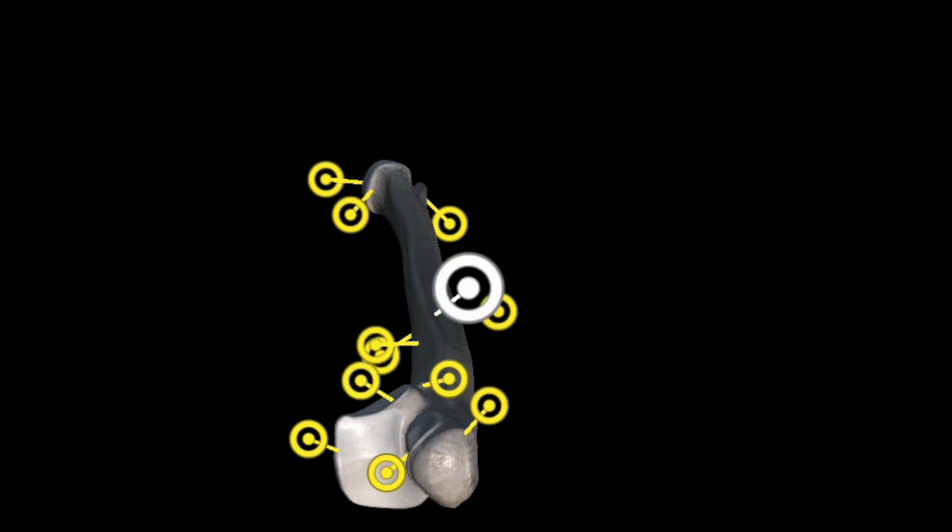Here is the interosseous border, the lateral border of the ulna in the shaft, and here is the supinator crest. And if we see below, the distal part, here is the head of the ulna, and below the head is the articular surface of the ulna for the carpal bones. This is the superior view.